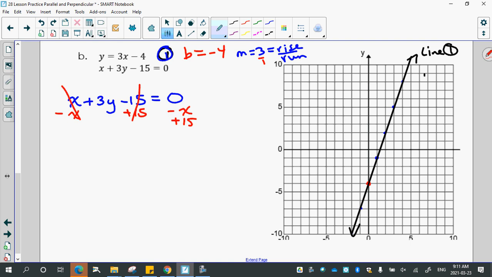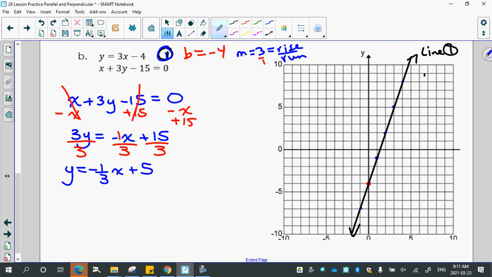So that all you've got left on the left side is 3y, and on the right side you now have negative x plus 15. Divide every single thing by 3. There's a 1 between the negative sign and the x, so y equals negative 1/3 x plus 5.